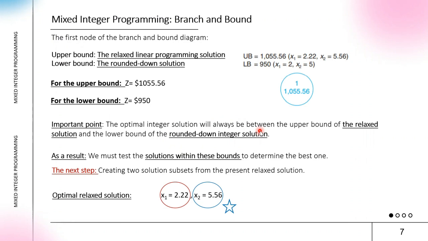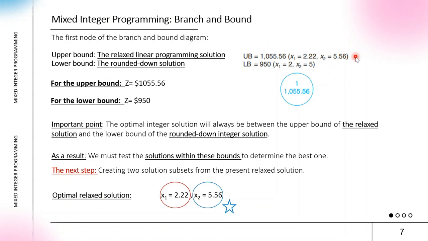After solving the LP form of the optimization problem, we must define bounds. As I said, the upper bound is our relaxed solution, or 1055.56, this solution.